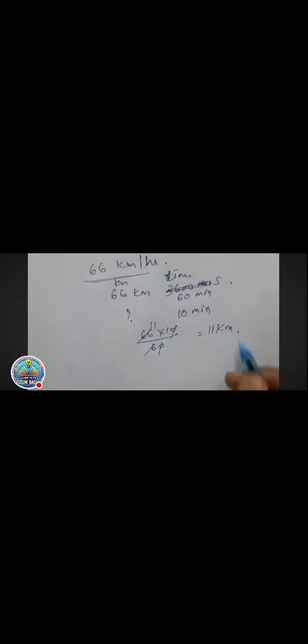Now how much distance will it cover in 1 hour, they will be giving a certain time, say in 10 minutes, how much distance will it cover. If the time is given in minutes, we will take it as 60 minutes. Cross multiplication: 66 multiplied by 10 upon 60. So here it will cover 11 kilometers in 10 minutes.